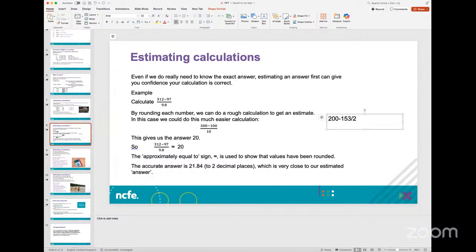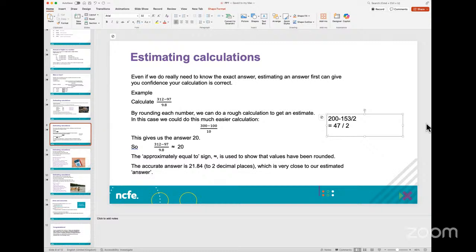How do I do this? So if I put equal to here, 200 minus 153 is 47. So the answer is 47 divided by 2. And now my question is, this is a fraction. 47 by 2 is also an answer, which is a fraction.